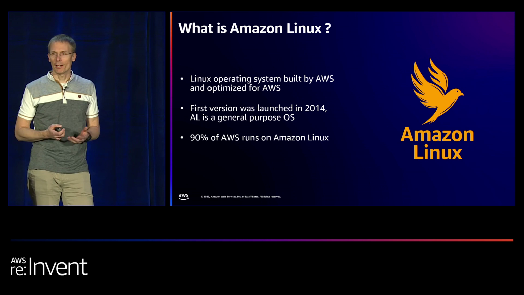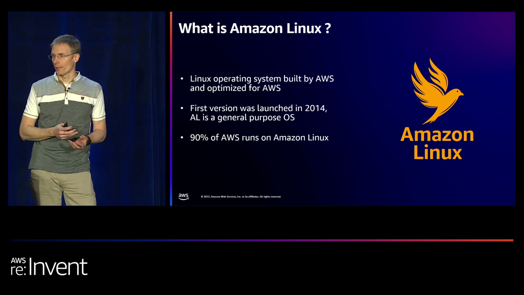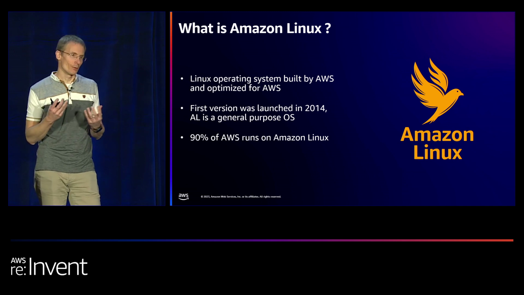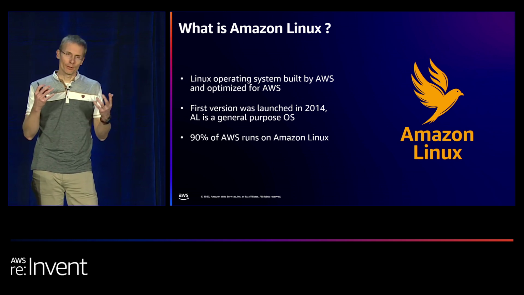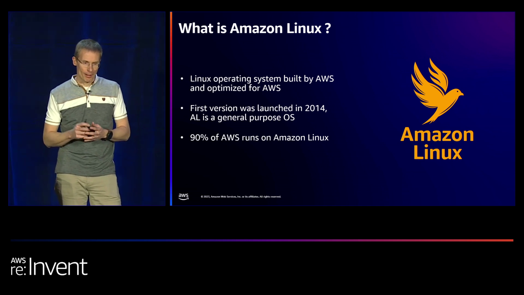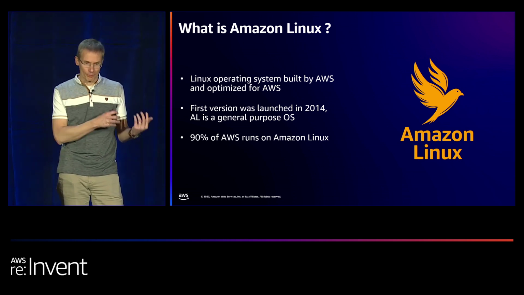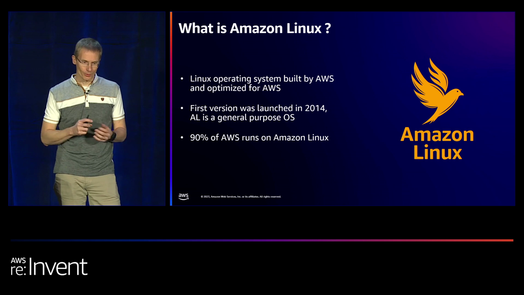The idea behind Amazon Linux is that it's optimized for use within AWS. That is our primary use case. So if you want to run a workload on AWS and you need an operating system, we want you to consider Amazon Linux being the best choice that you have. We do quite a bit of work, and we'll explain that in this session, what we're all doing and why it actually makes sense for you to use Amazon Linux.